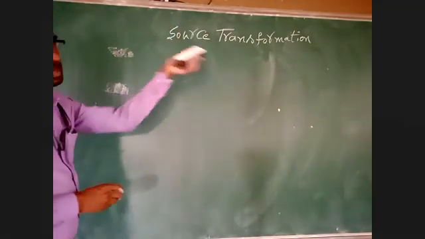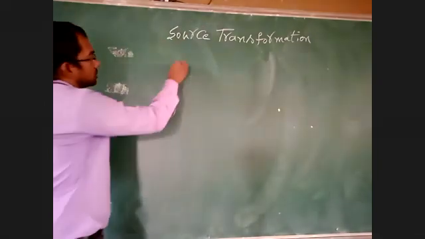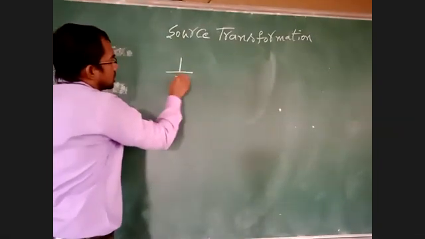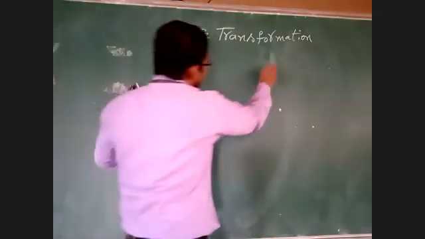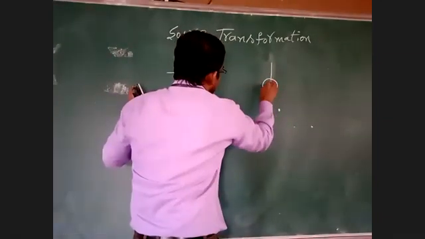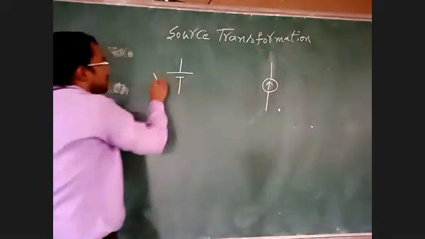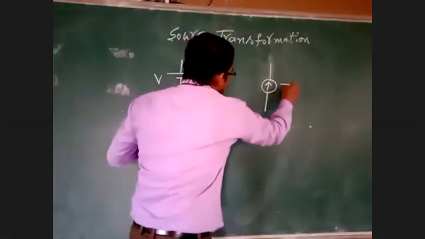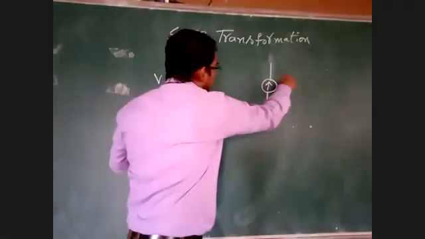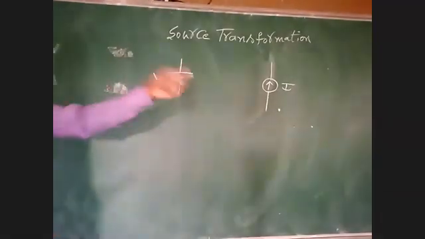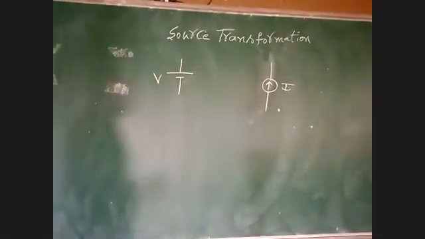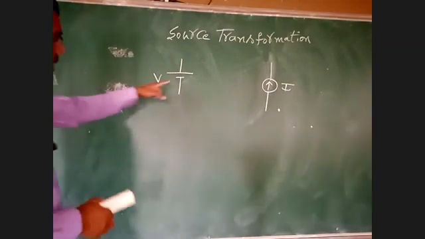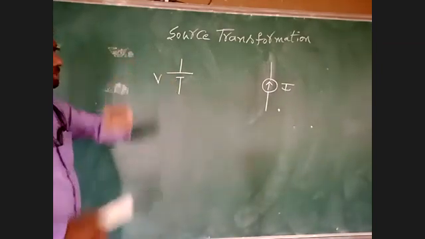Before going to this, already I have told you this is the voltage source. This is voltage source. This is current source. I have told you that this is the negative terminal, this will be the positive terminal.